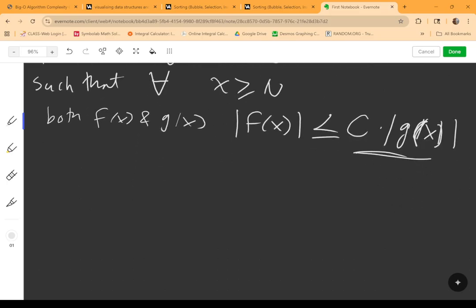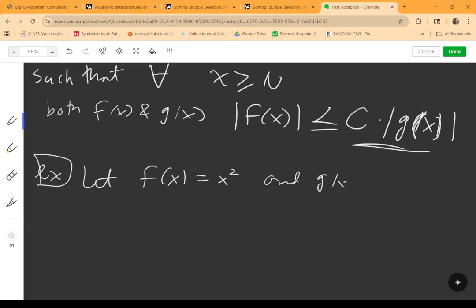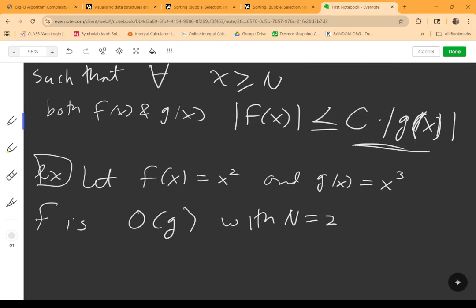So for example here, if we let f of x be equal to x squared, and g of x be equal to x cubed, f is big O of g, with n equal to 2 and c equal to 1.